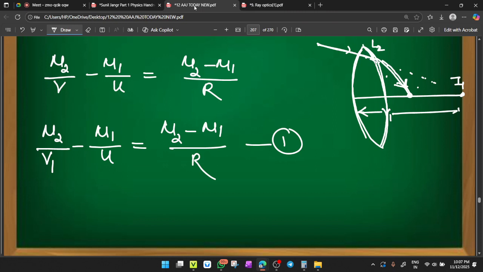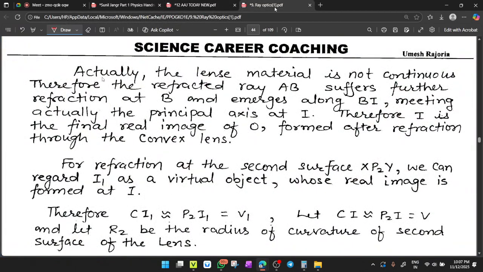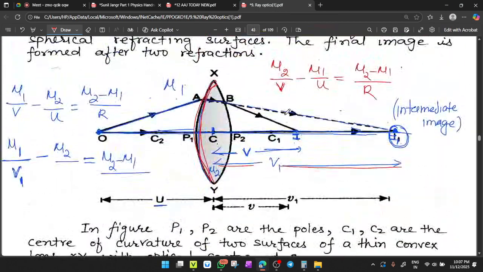So we have to write again the formula for the refraction from this rightward surface. The lens material is not continuous. Therefore, the refracted ray AB suffers further refraction at B and emerges along the final path BI. Yes, check here. Where is BI? I am talking about this BI, because of again refraction from this face, the outer face, the right one.